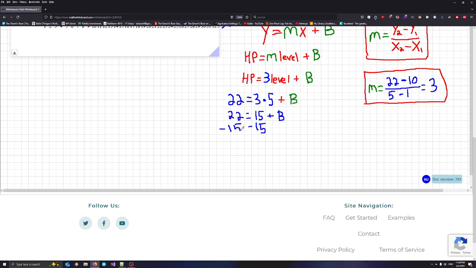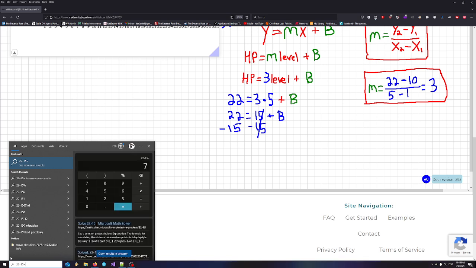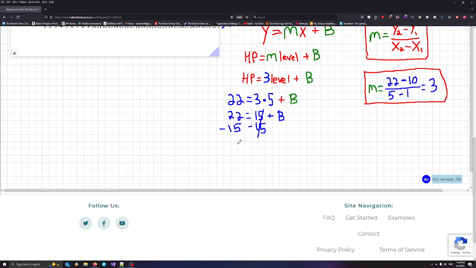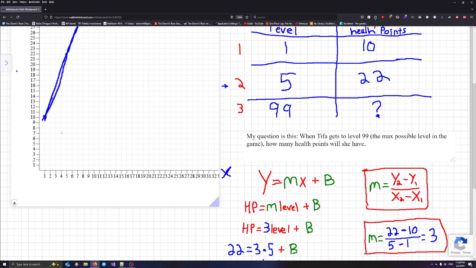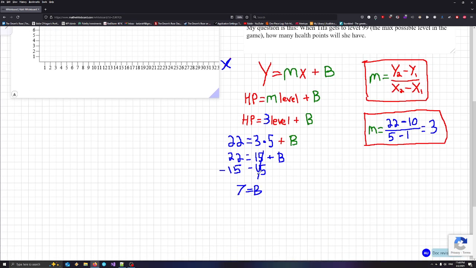Subtract 15 from both sides, basically. So that cancels, and now we have 22 minus 15. So what's that? 22 minus 15. 7. Okay. So b equals 7. And that's kind of what we saw on the graph before too. We saw that when we were drawing over here it was going to be around 8 or 7. So that's what b equals, 7.